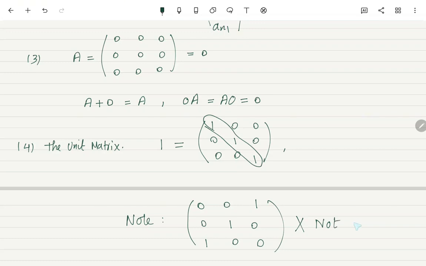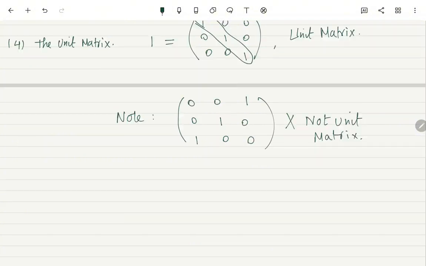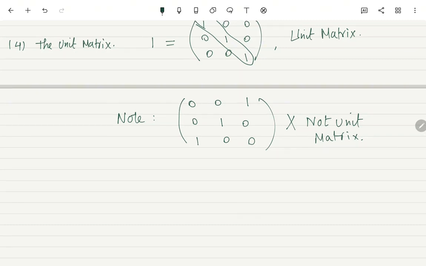So in this one here, it's a unit matrix. A good thing to know is that if we multiply a matrix by a unit matrix, the answer is the same as multiplying the unit matrix by that matrix. So, for instance, the unit matrix multiplied by any matrix A equals the matrix itself multiplied by the unit matrix.